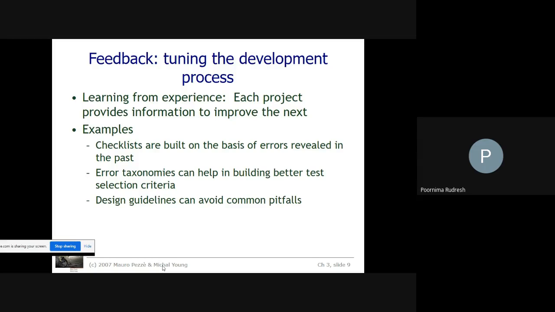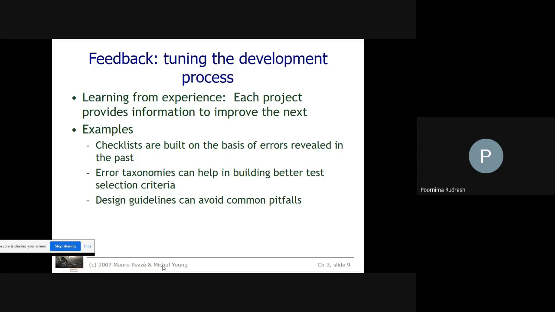Next, error taxonomies can help in building better test selection criteria, because a number of different errors exist. Based on the type of error that occurred, we can categorize those errors into different classes. Then we can identify each class of error, and that can help in getting feedback.